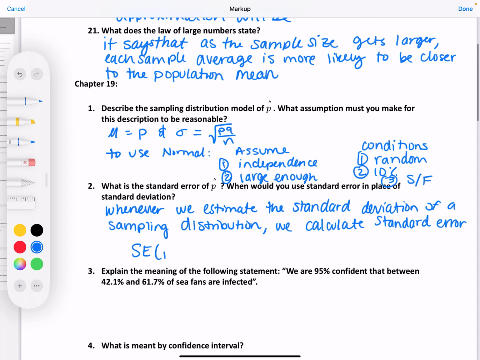Standard error of p hat is the square root of p hat q hat over n. And you need to highlight 1 and 2 off of this page.